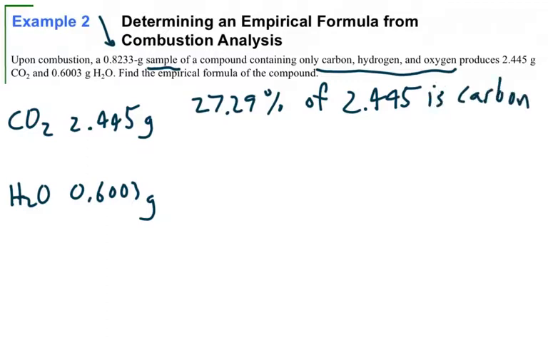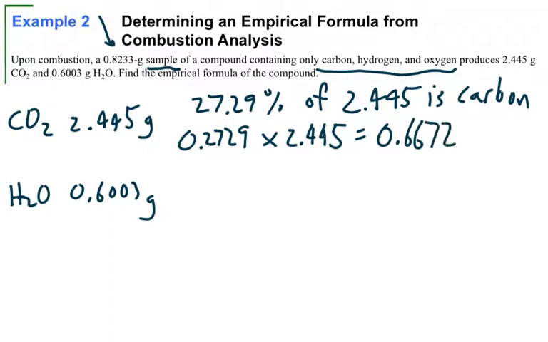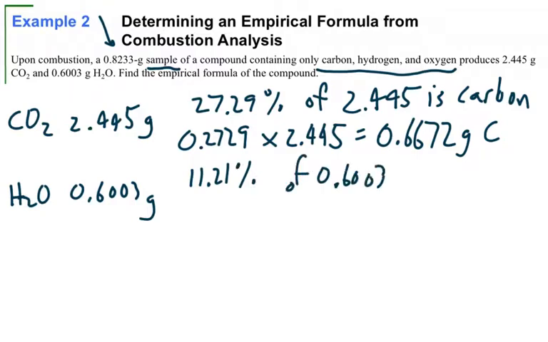When you do the math, you're going to get 0.2729 times 2.445, and that's going to give us our mass of carbon. Okay, I end up getting 0.6672 grams. So there's our carbon. And then if you also recall, we said 11.21% of the water, which is 0.6003, is going to be our hydrogen.